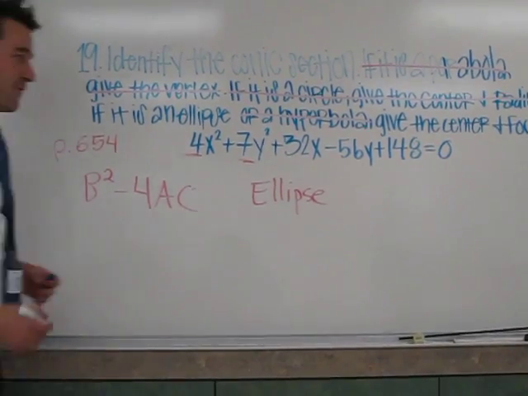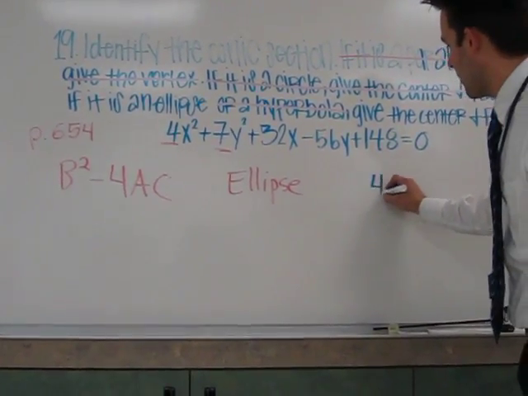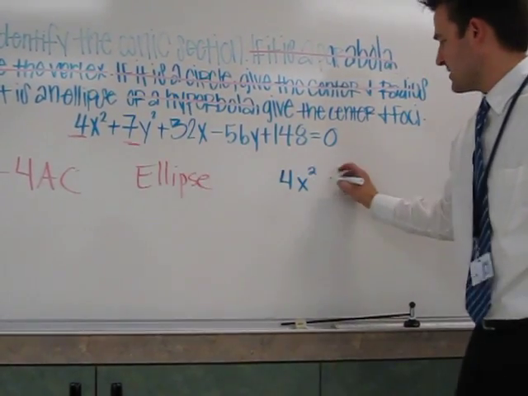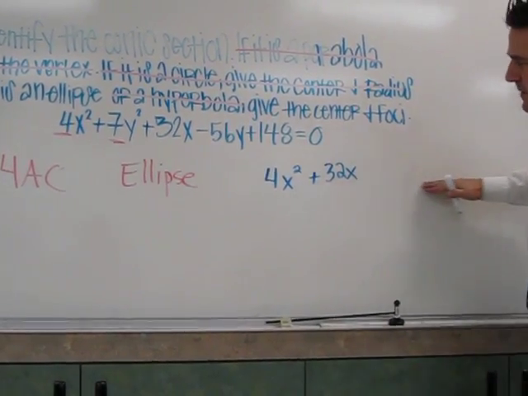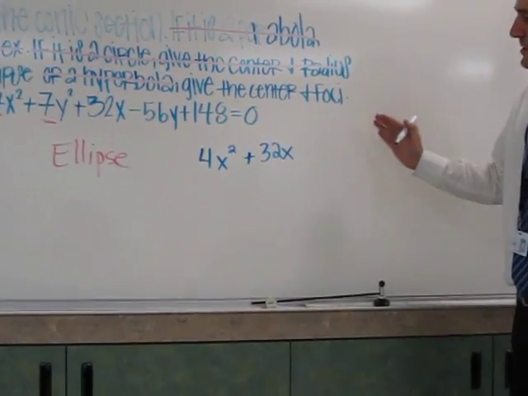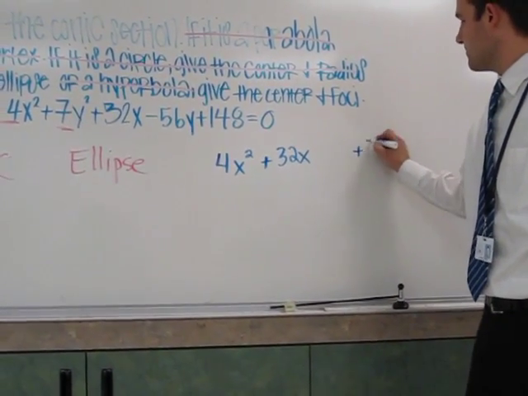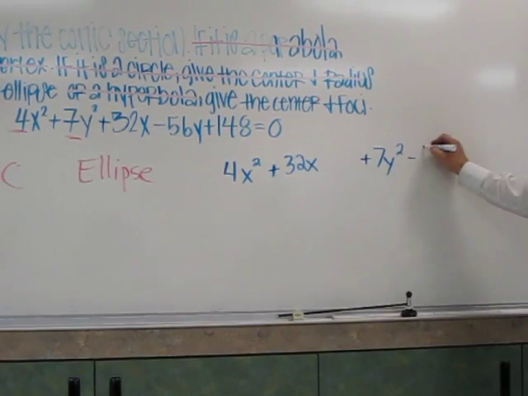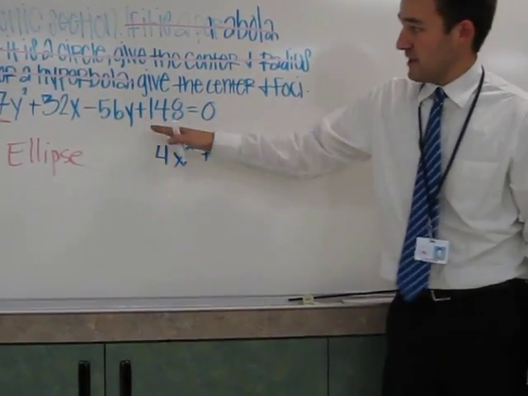Let me get it started for you. Let's group the x terms. So we have 4x squared plus 32x, and we'll leave a space there. Now let's group the y terms. 7y squared minus 56y, and we'll leave another space there.